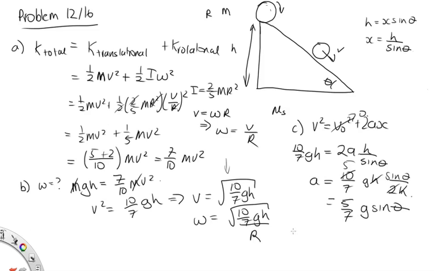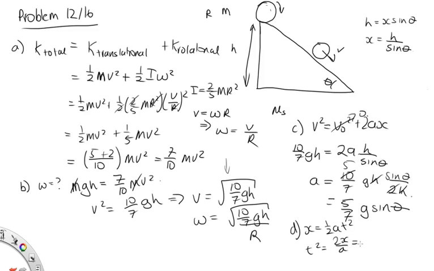Okay, part D, it asks us how long does it take to roll down the plane given that it starts from rest. So let's use x is equal to ut, which is 0, plus a half at squared. We've got the acceleration now, and so t squared is equal to 2x over a.